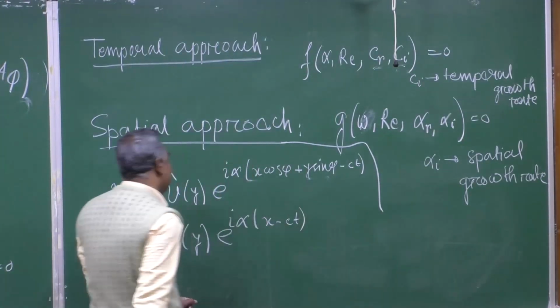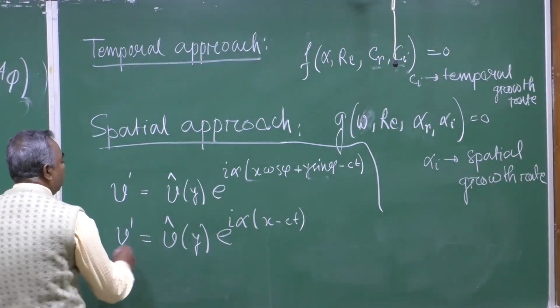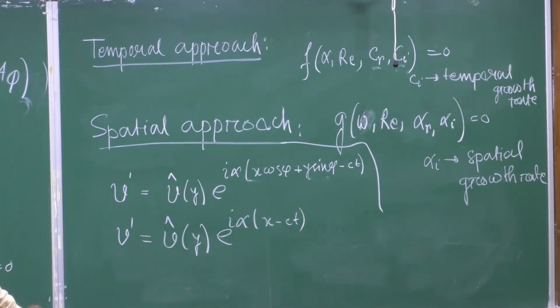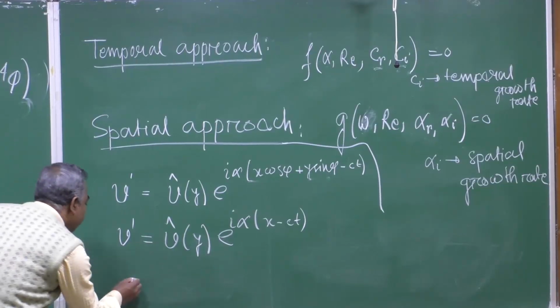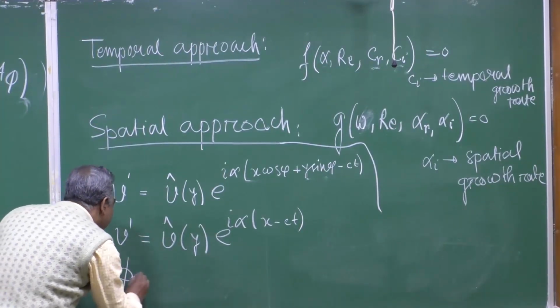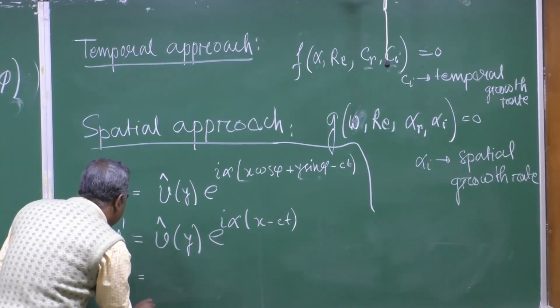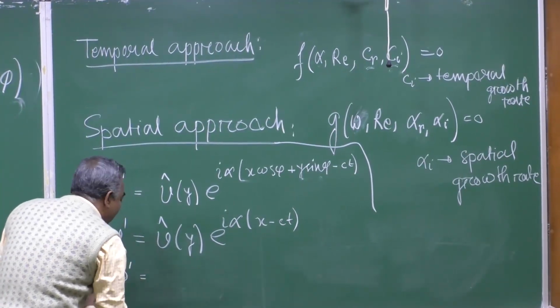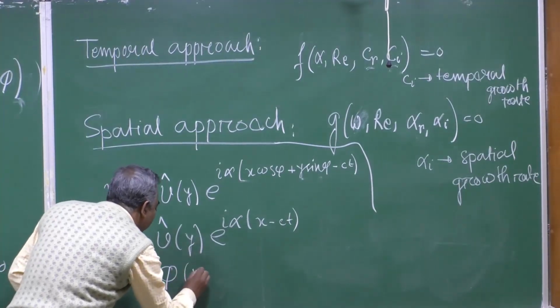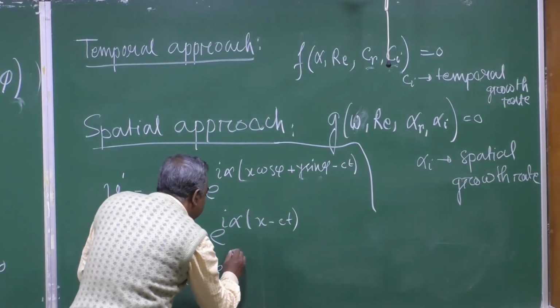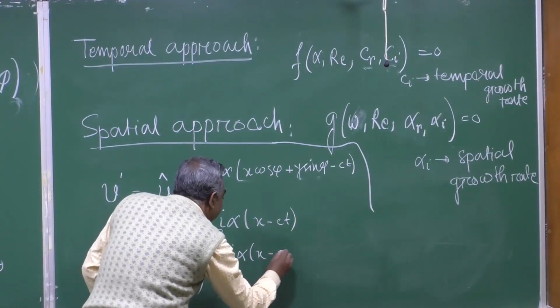So this is our normal mode expression. Or if we consider the non-dimensional equivalent form of this equation, we can write phi prime equal to phi of y times exponential of I alpha x minus C t.